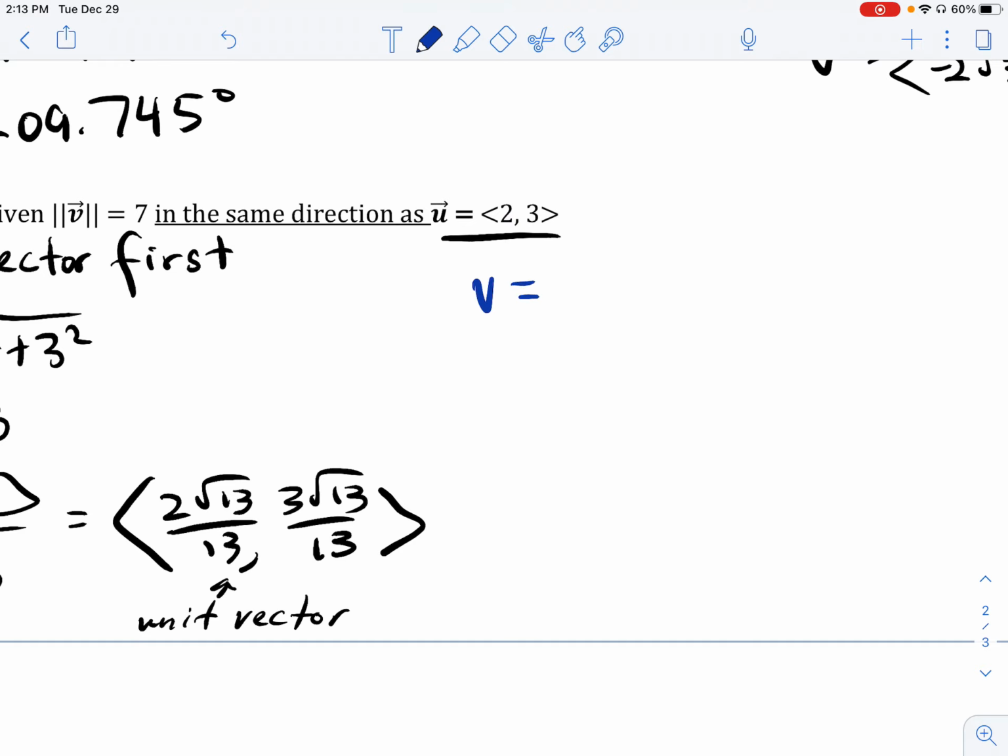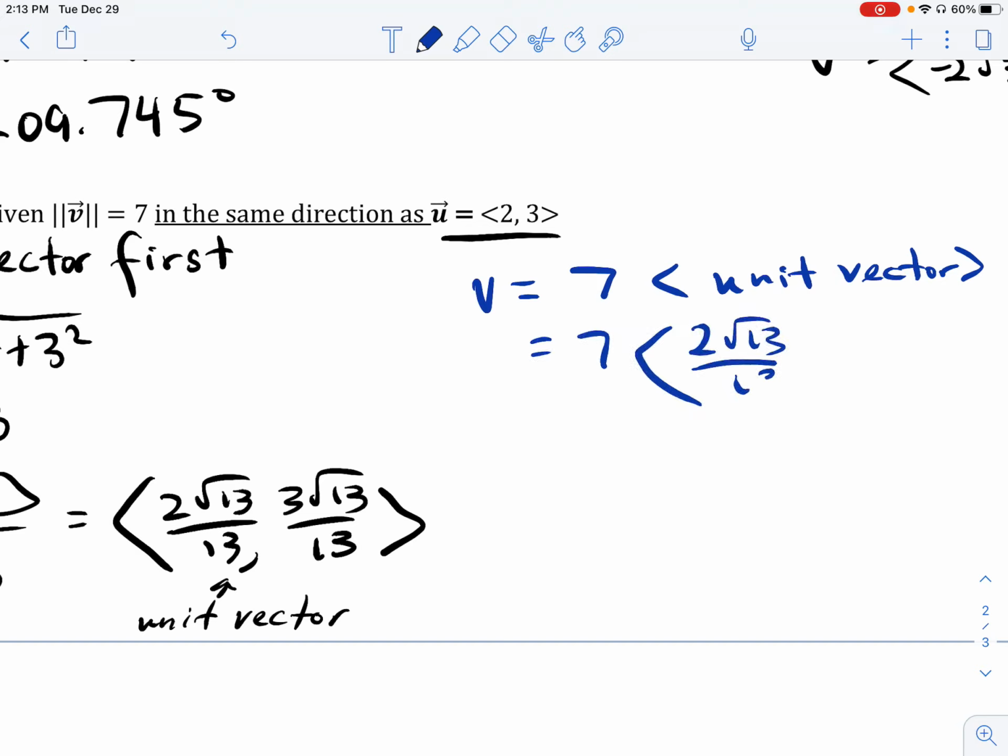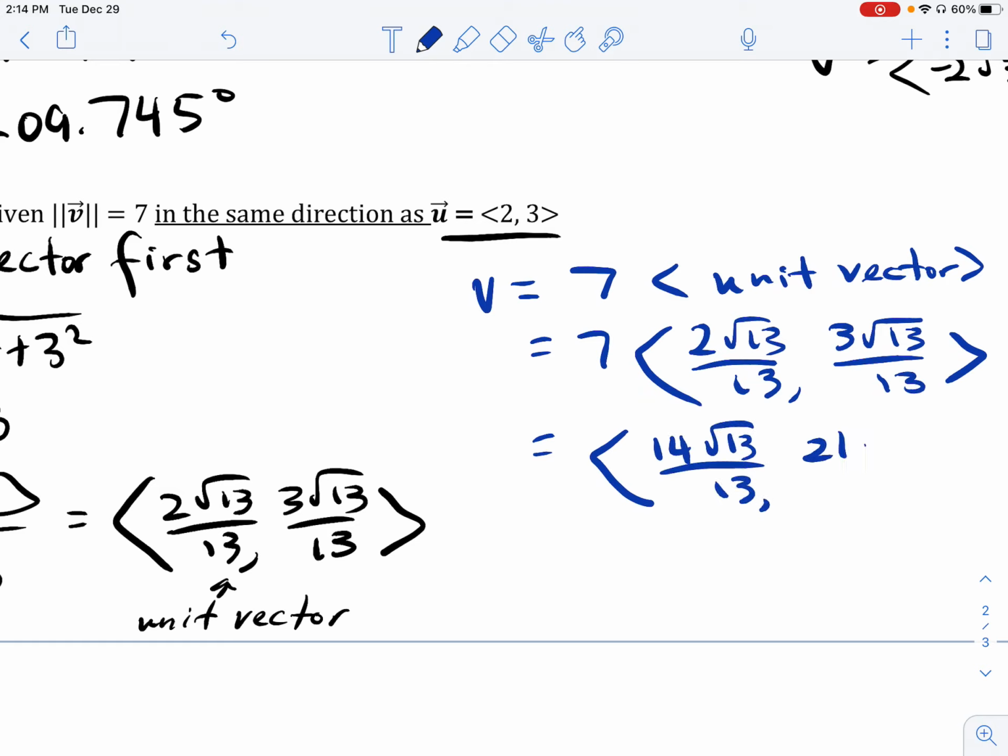Vector v is going to be 7 times our unit vector, because our unit vector has a magnitude of 1. So we're going to say 7 times 2 root 13 over 13, 3 root 13 over 13, and this vector v is simply going to be 14 root 13 over 13, and 21 root 13 over 13.